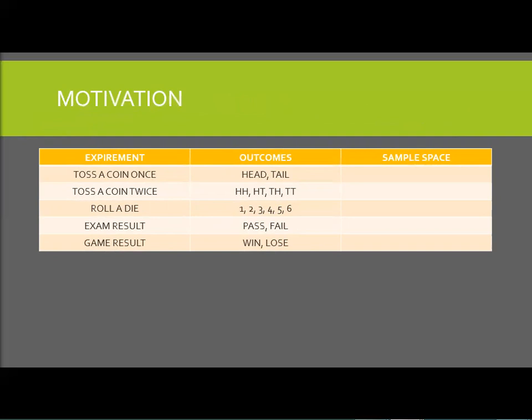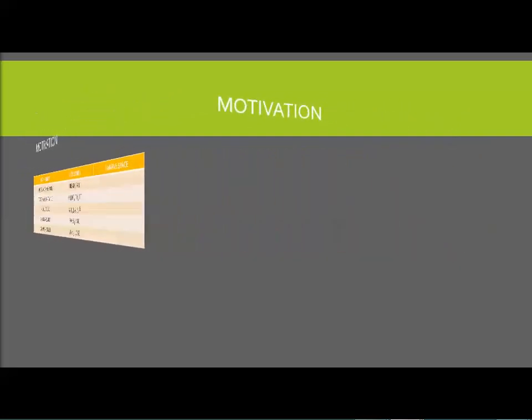Now, what is a sample space? This is easy, I promise. A sample space is somewhat the same as the outcomes, except that you put it in a mathematical sense: you put it in a set.